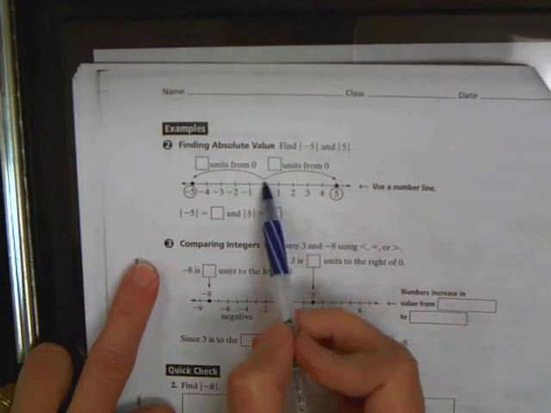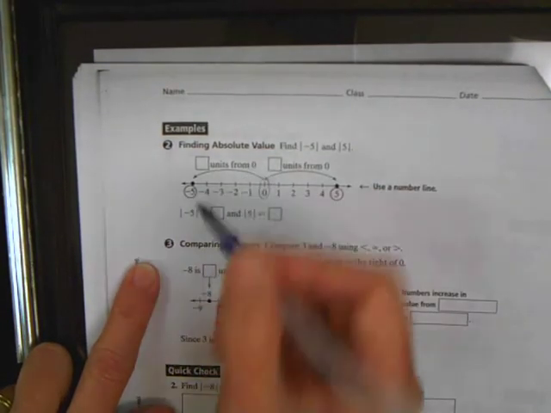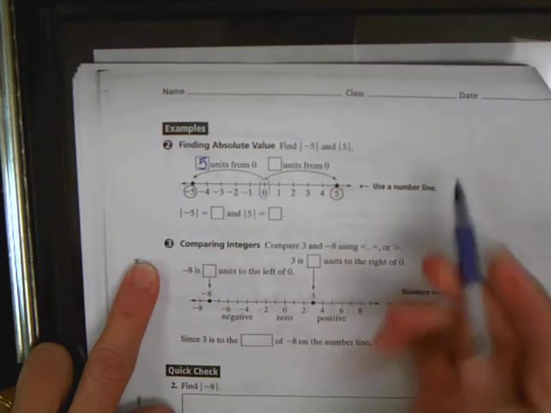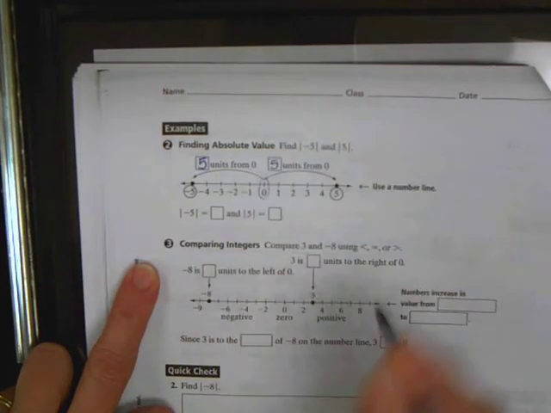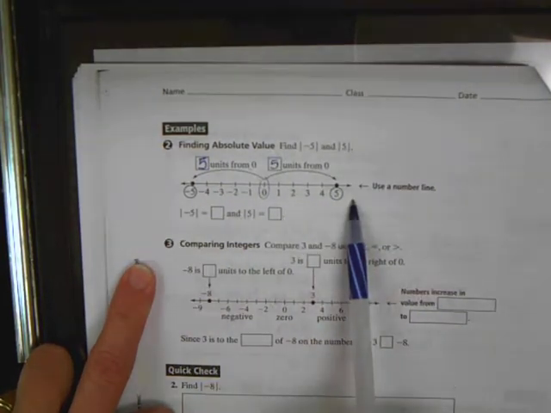So first of all, we're always focusing on starting at 0. So -5 is 5 units from 0. +5 is also 5 units from 0. You can see that on a number line. Certainly welcome to drawing if you ever need to look at it in that respect.